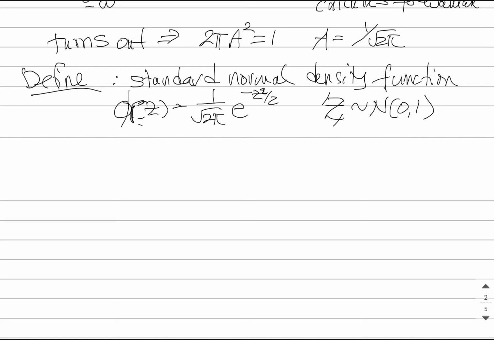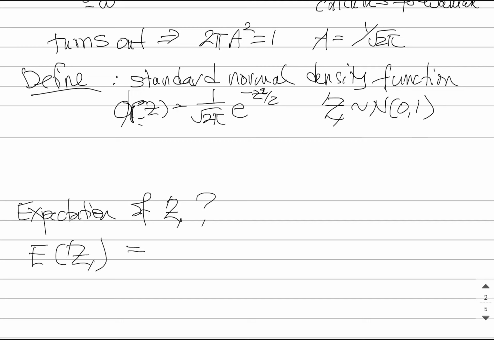So we need to know things such as the expectation. So the expectation of this Z. Now, as always, expectation is defined in a very standard way. We'll have to integrate z times this density function.